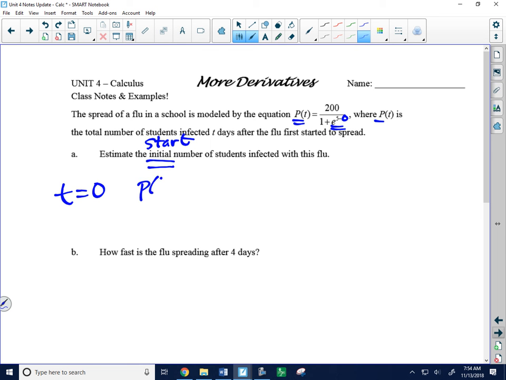So I'm really in P of 0. So it'll be 200 over 1 plus, and then 5 minus 0 is 5, so it'll be e to the 5th. Now when you do this, this is e to the 5th, that's not going to really be a whole number. So you get a decimal, right? What did you get? 1.34.